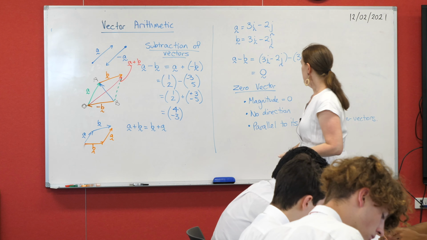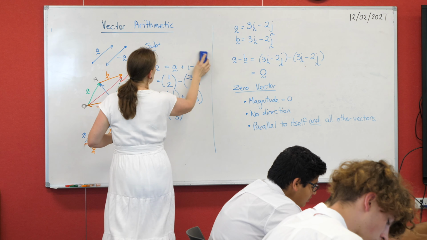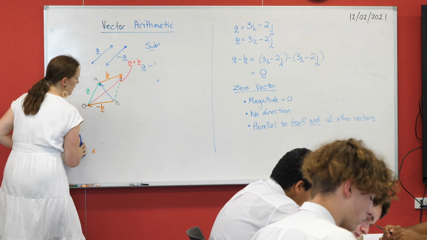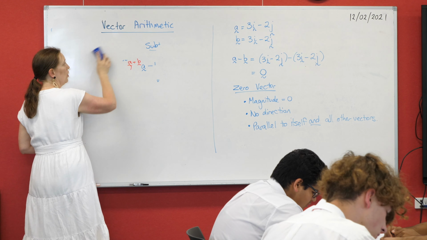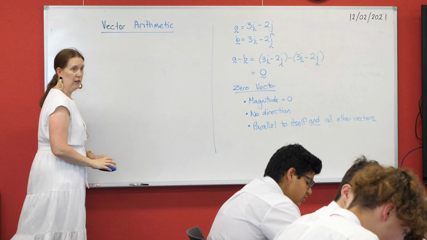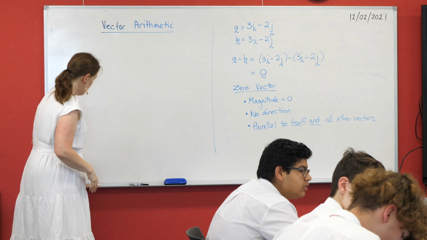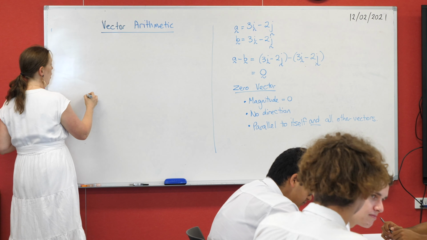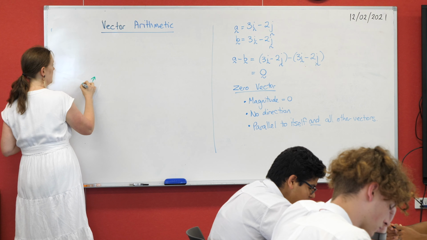Alright, the last thing before I set you guys working is, what happens if we add more than one vector? We no longer can play with our triangles or our parallelograms, but let's just draw a nice generalized diagram of, let's say, 3 vectors.